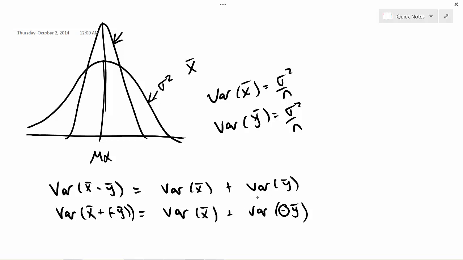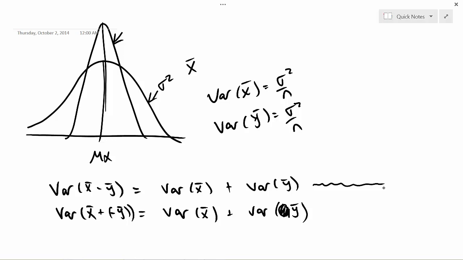Remember that rule, if we pull something out of a variance, it gets squared, and the square of a -1 would be positive. So the long and short is, if you subtract two things, their variance still adds. Now, if the two things aren't independent, then we may have other stuff over here that we have to subtract off, in fact, in this case. But these things are independent, so there is no covariance term we have to subtract off.